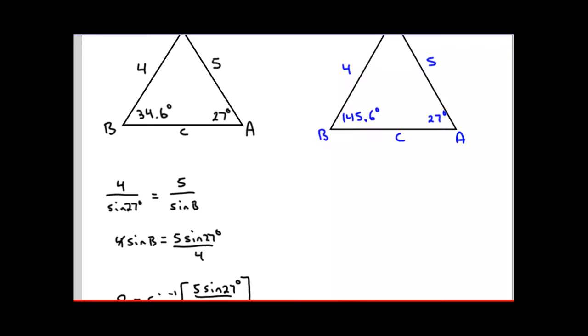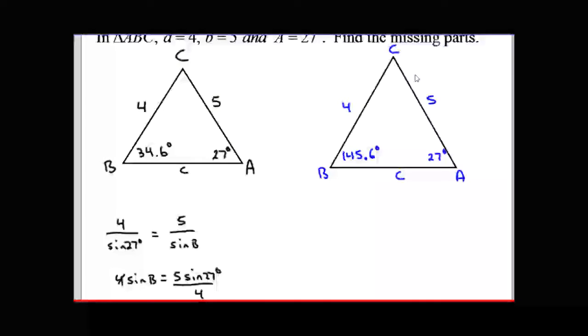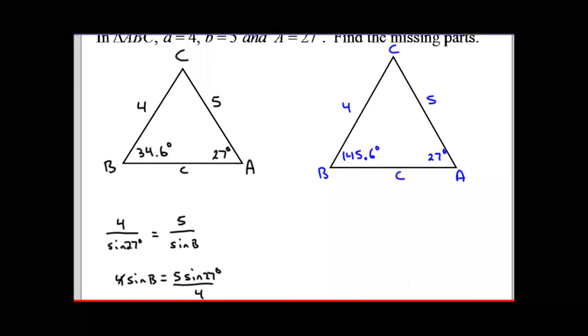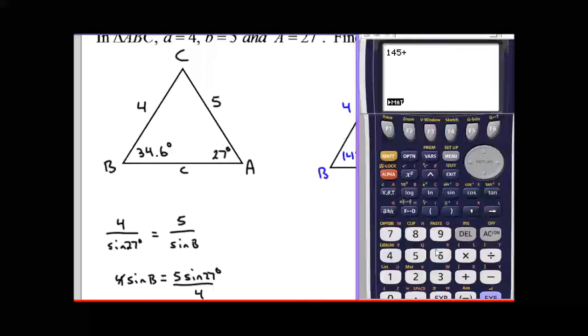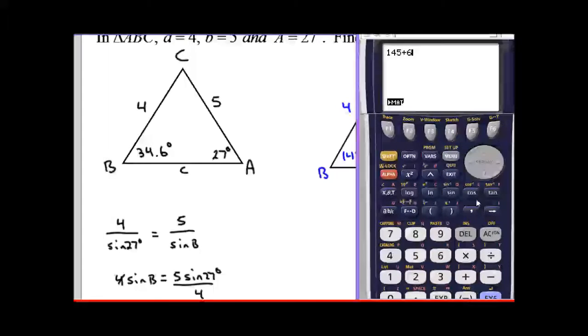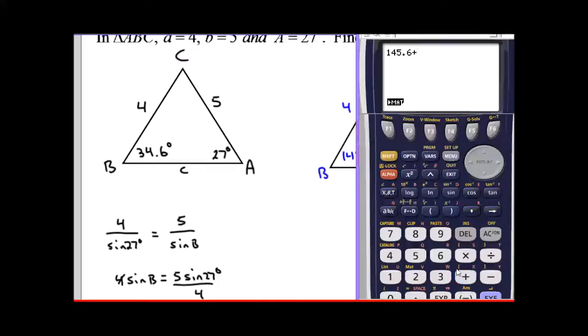Okay, is this triangle possible? Well, all three angles have to add to 180. So let's see. If I do 145.6, then add the angle I was given, which is 27, that adds to 172.6.